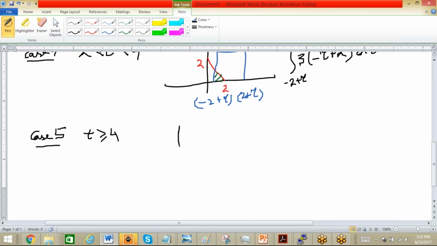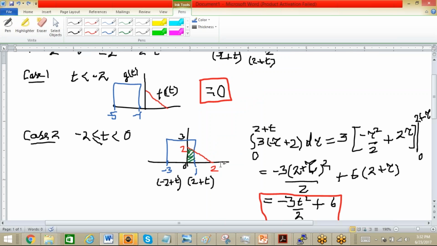Okay, something like this way. 2, 2, okay. And if it is greater than 4, then obviously this time also there will not be any kind of overlapping, where it is minus 3 plus 2 or minus 2 plus 3.